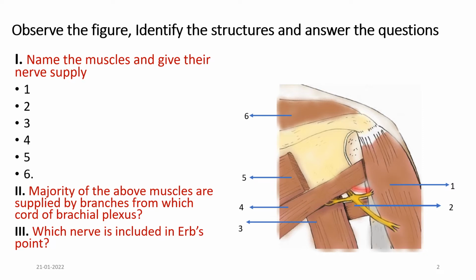Then the second question is, because they are all the muscles that were pointed out, majority of these muscles are supplied by branches from which cord of brachial plexus? Then which of these nerves is included in the Erb's point? So these are the questions you have to answer.